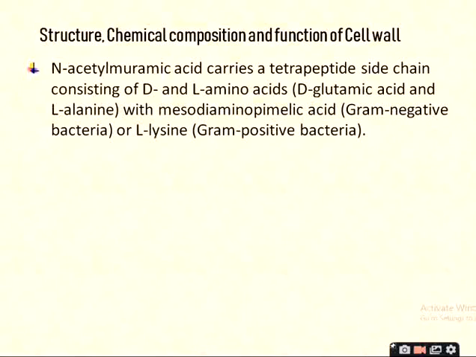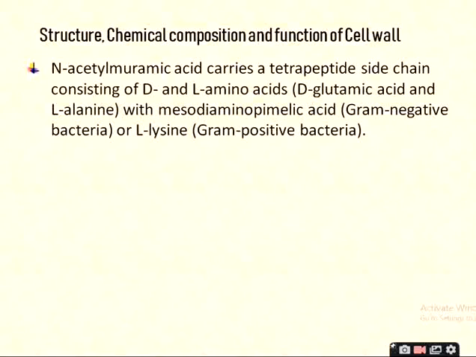So the tetrapeptide side chain consists of D and L amino acids, that means dextrorotatory amino acids and levorotatory amino acids. See, D-glutamic acid and L-alanine are the amino acids involved in the formation of the peptidoglycan structure.